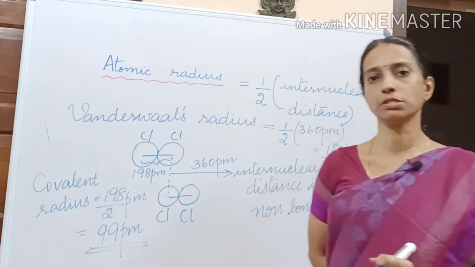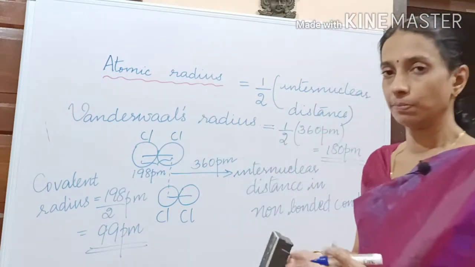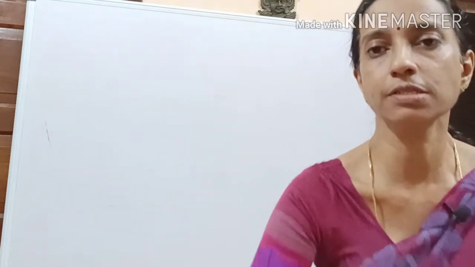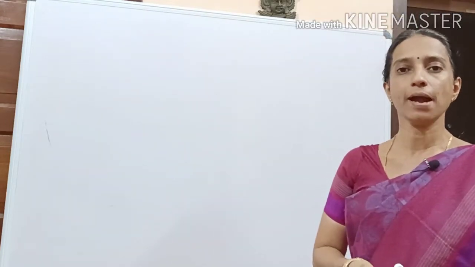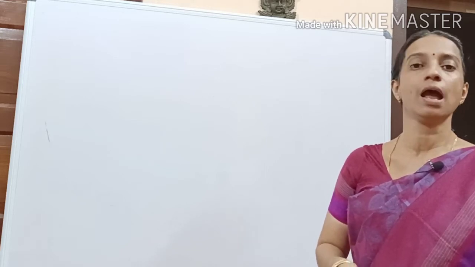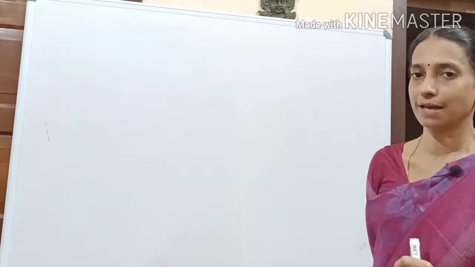So that's much about the size of the atom. Now coming to the trends in the periodic table. In the last video I discussed in detail what happens to the atomic sizes as we move across a period and down a group. Now coming to what is ionization enthalpy.